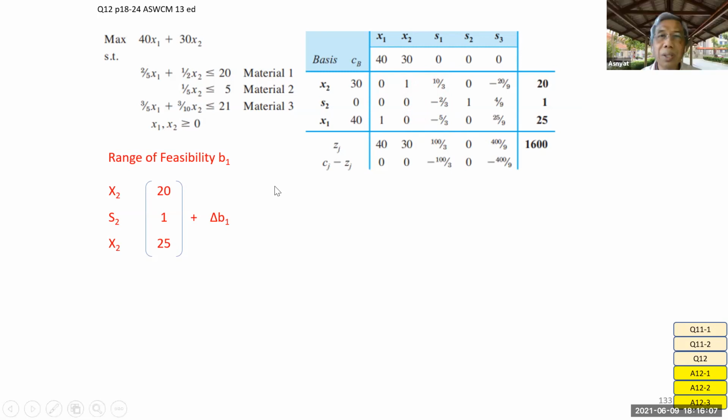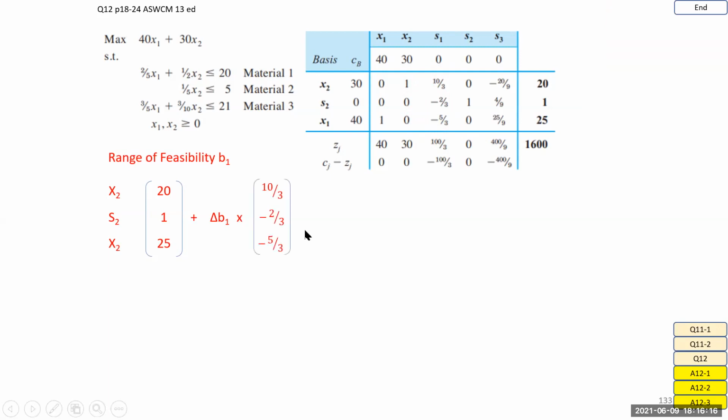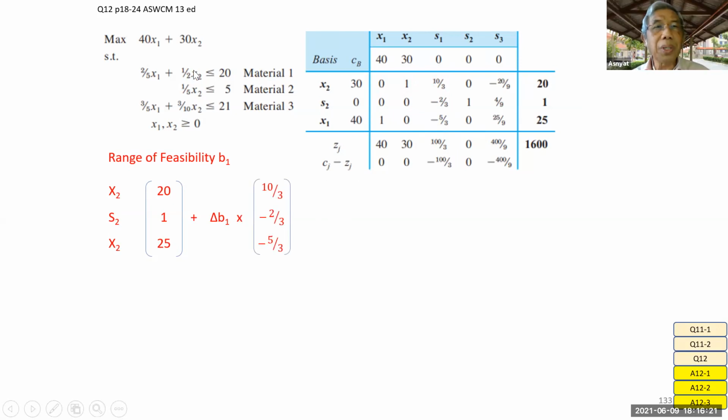So we write down 10/3, -2/3, and then -5/3. To remain optimal, all right-hand side values must be greater than or equal to 0. So we write greater than or equal to 0 for all of them.